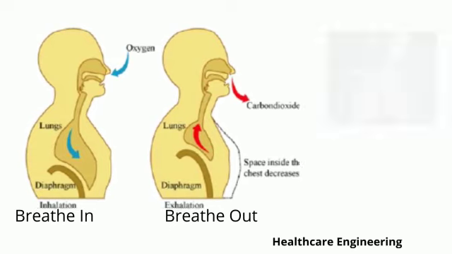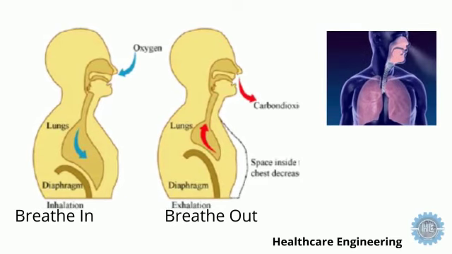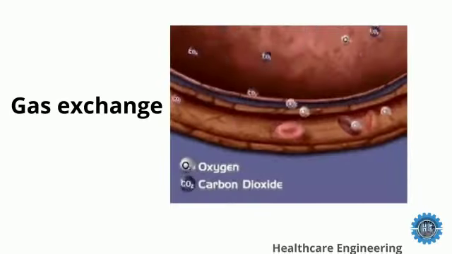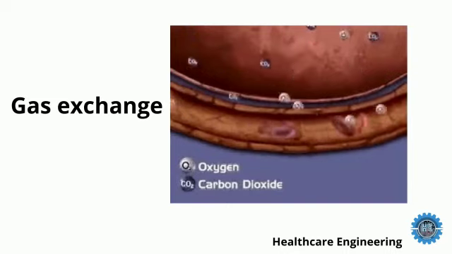When you inhale, breathe in, air enters your lungs and oxygen from the air moves from your lungs to your blood. At the same time, carbon dioxide, a waste gas, moves from your blood to the lungs and is exhaled, breathed out. This process is called gas exchange and is essential to life.